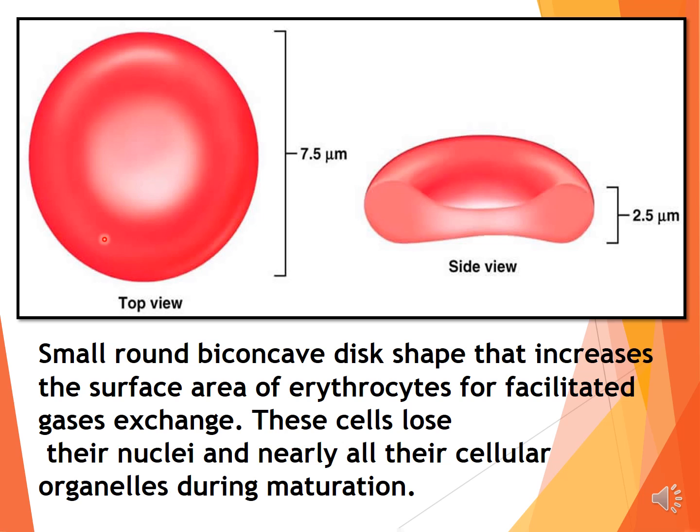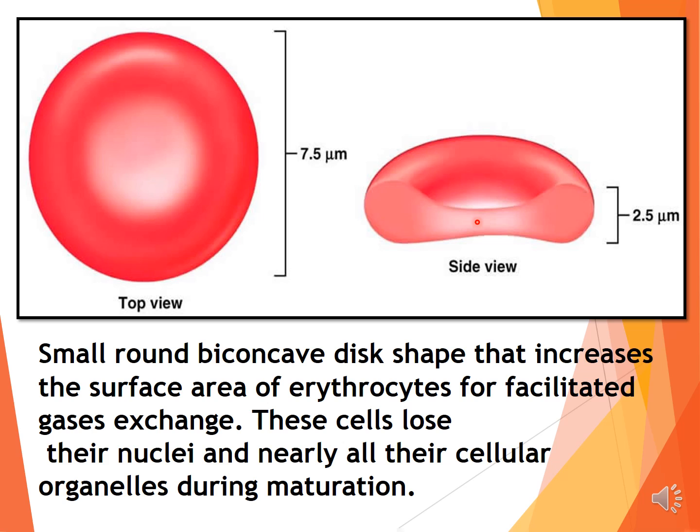The shape of erythrocytes is rounded, small biconcave disc shaped with 7.5 micrometer in diameter. إذا مثل ما نلاحظ الكاركتر feature of erythrocyte تكون small rounded وتكون مقعرة السطحين من الجهتين. This increases the surface area of erythrocytes to facilitate gases exchange. طبعا هذا التقاعر يزيد من المساحة السطحية للأريثروسايت وبالتالي يساعد في عملية تبادل الغازات بين الأنسجة.